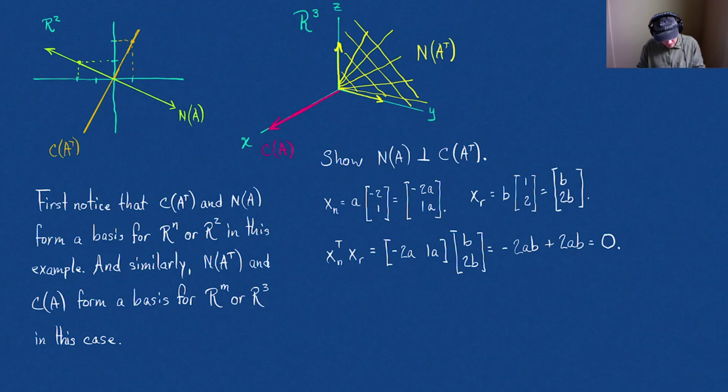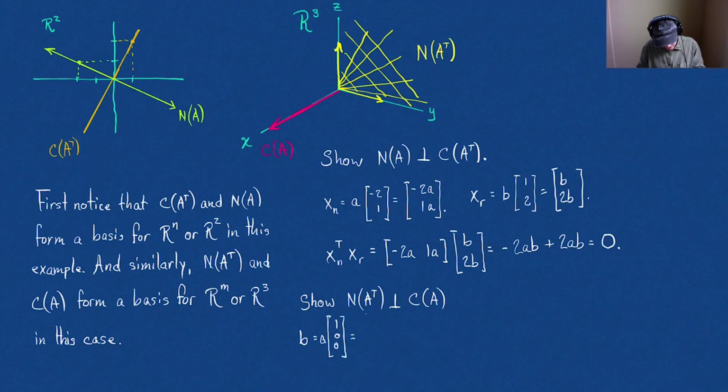Now let's do this again. Now let's show that the null space of A transposed is orthogonal to the column space of A. Okay? So let's take some b. B is some scalar, we'll just call it a, times the vector 1, 0, 0.